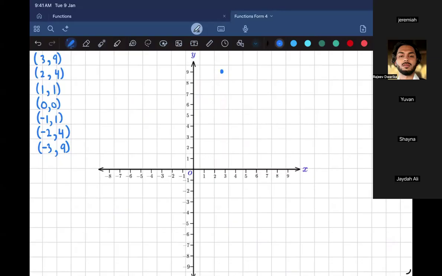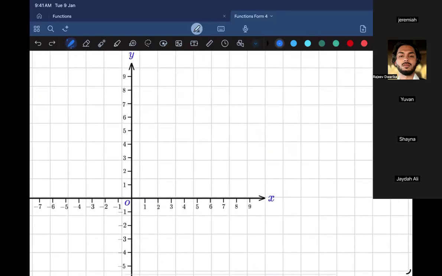Nice. Now, typically, when we do points in maths, you would draw the point like that. Or in physics, you draw the point like that. Technically, either one is correct, but we typically use this.